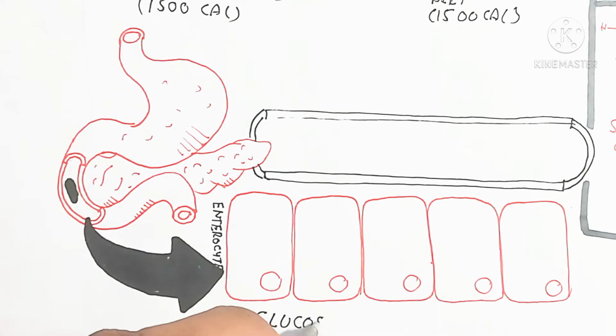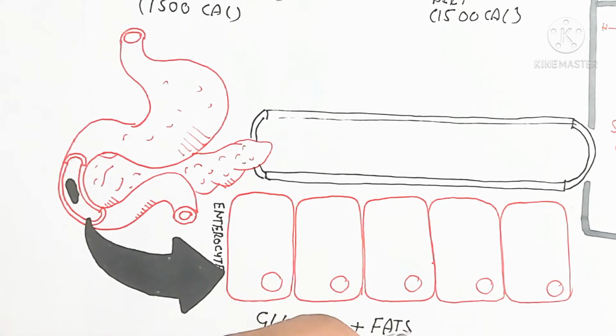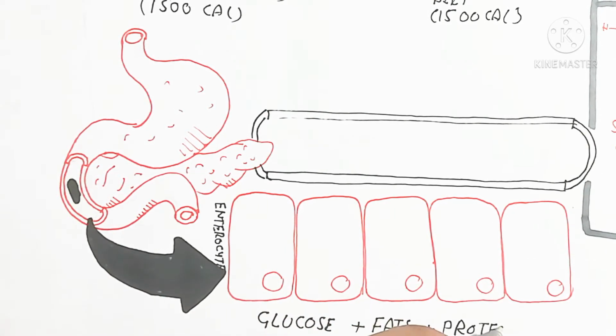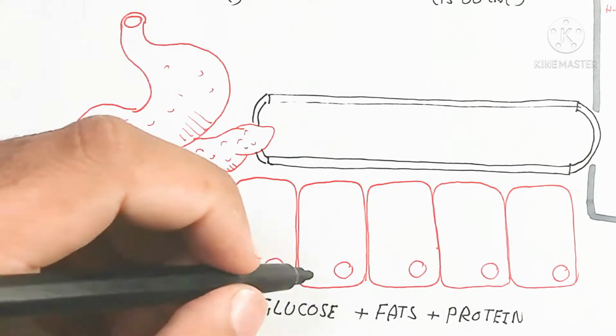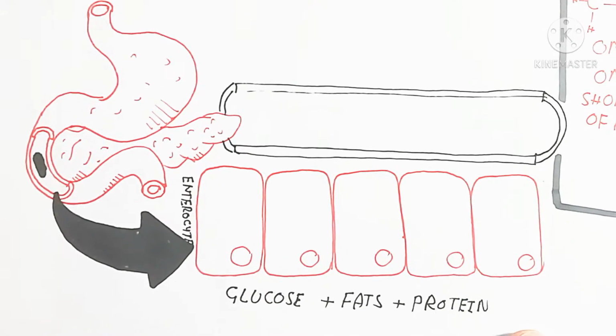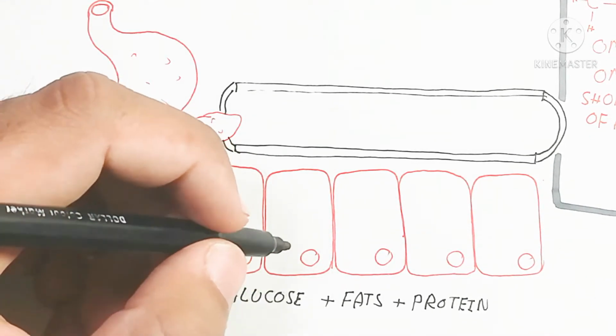Here I am drawing the digestive system, which contains the stomach and the duodenum. The duodenum contains enterocytes, with a blood vessel and the lumen.